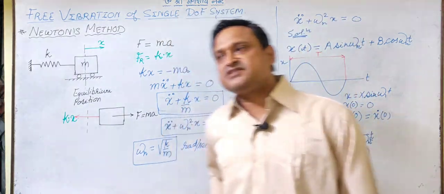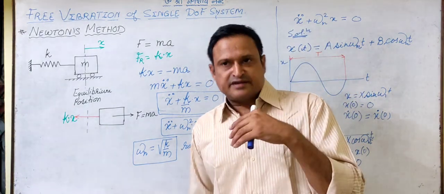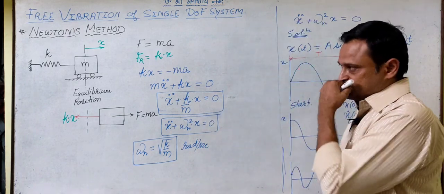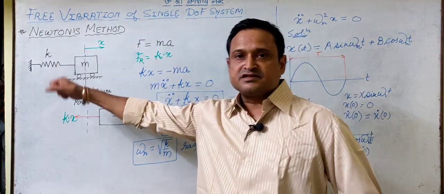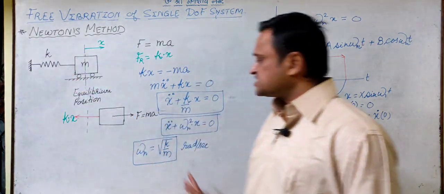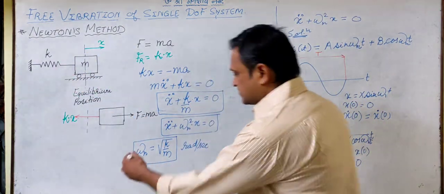Now this is one of the important parameters which we always try to determine. Every system is going to vibrate, or have a frequency of vibration, according to the properties of that system, like K is involved. Based on the restoration and the mass, that is going to decide the natural frequency.